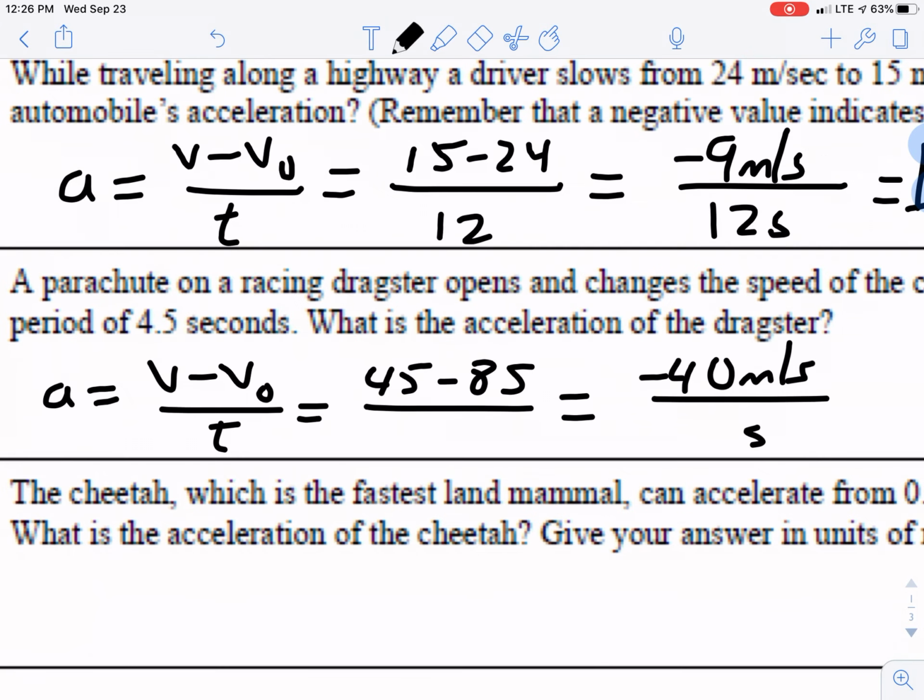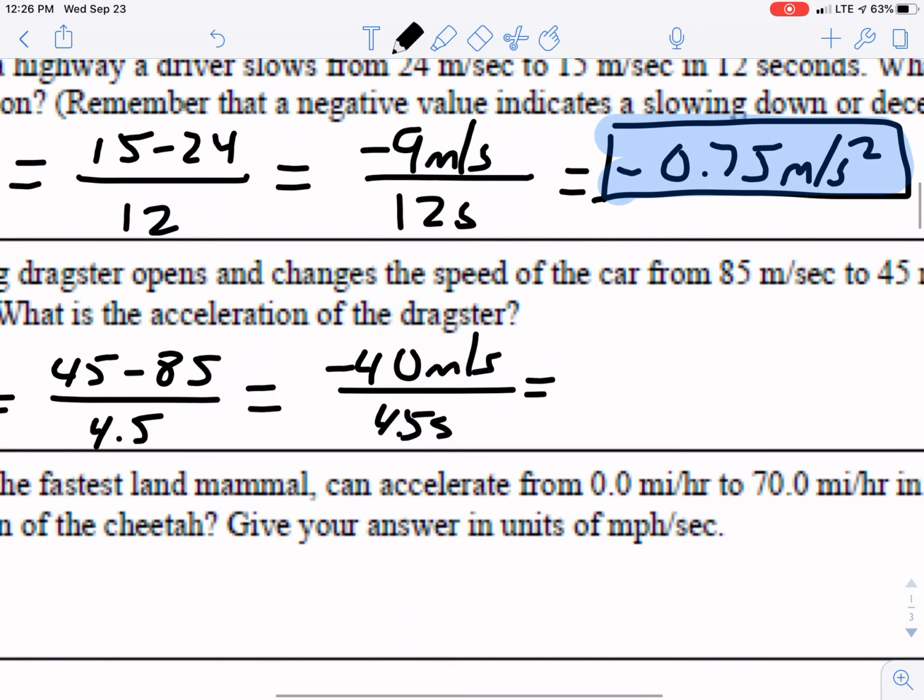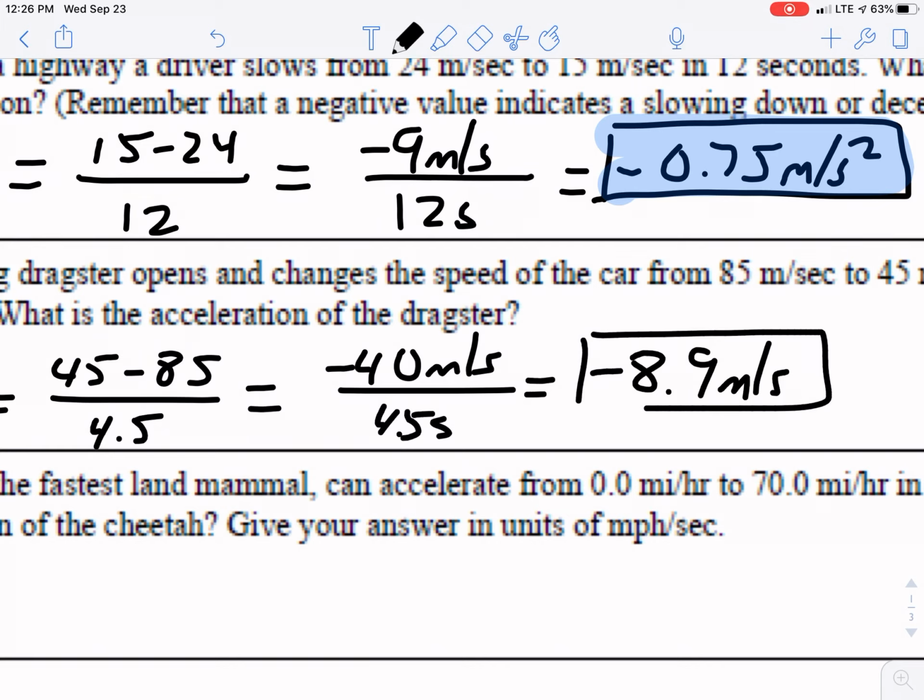Let me fix that. And negative 40 over 4.5 seconds would be about negative 8.9, or if you wanted to round it up, negative 9 meters per second squared. Again, indicating that the dragster is slowing down, moving forward.